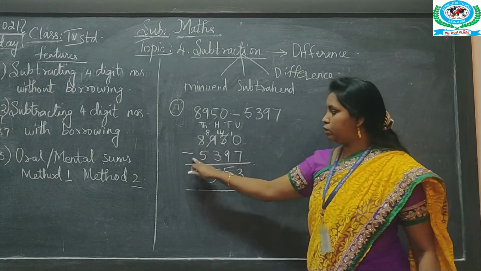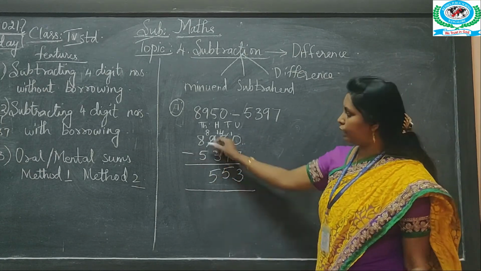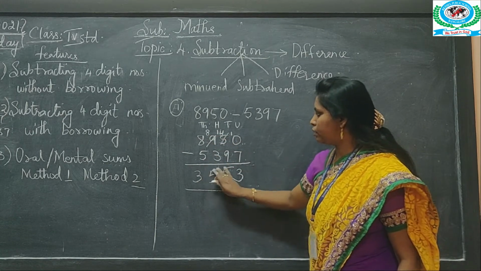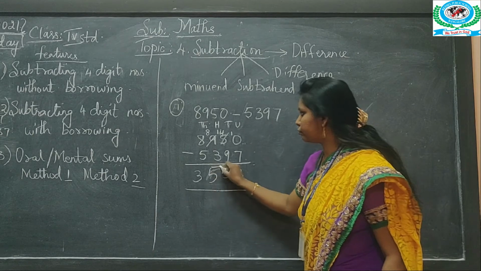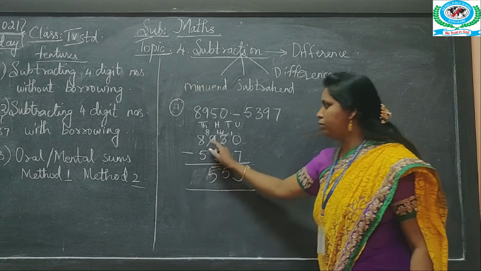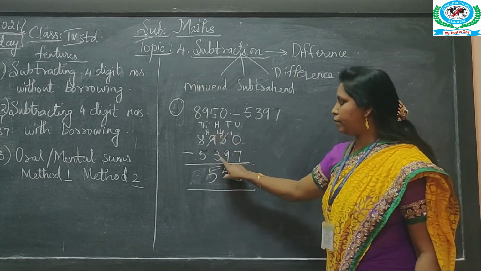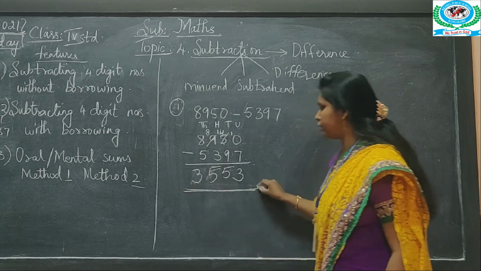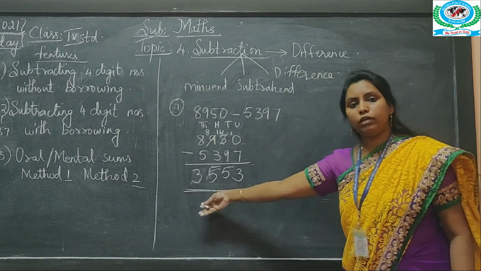So now go to the next place value. Again it is 8 and 5. 8 minus 5 is 3 here. So there also no need to borrow.